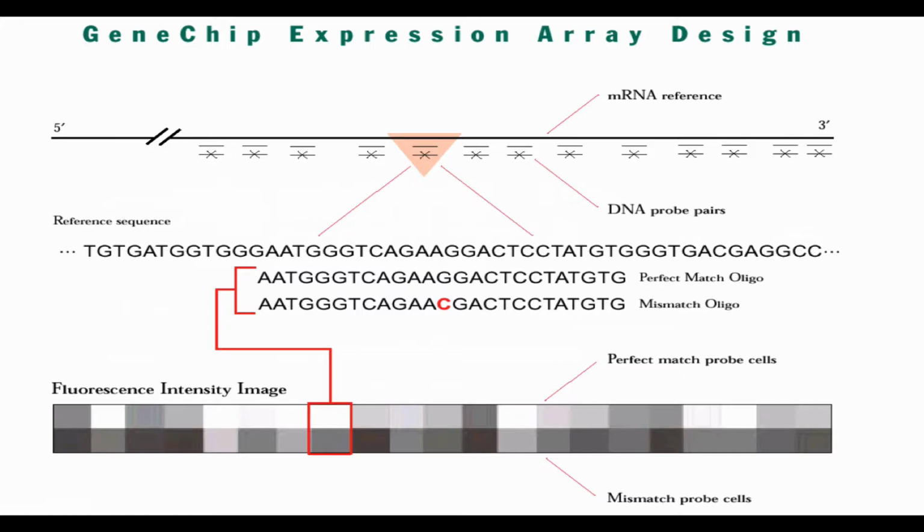Yeah, most of the analytical methods that I'm going to talk about ignore the mismatch probes. But they're still there in the data file if you want them. And Affy is stubborn about that.